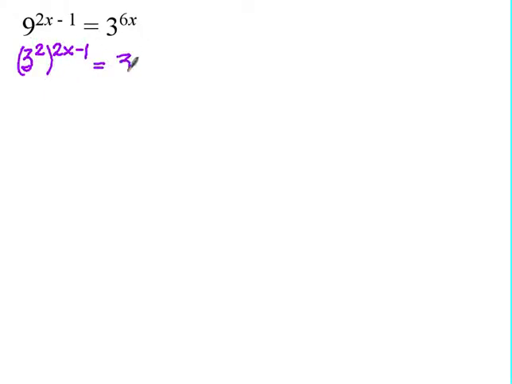On the right side, I'm going to leave that as 3 to the 6x. Let's simplify the left side before I set them equal. What do you do with the 2? You distribute it to each. So it's 3 to what power? 4x minus 2, and that equals 3 to the 6x.